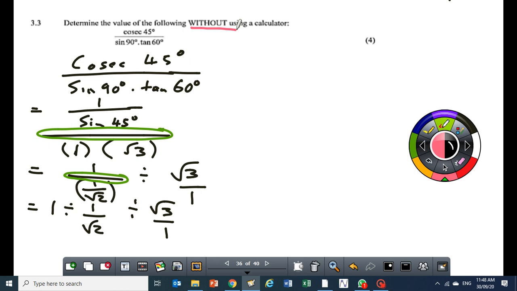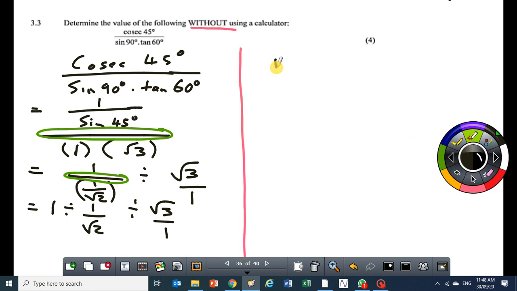Alright, from here now, we can convert this division sign to a multiplication. So if I do that, you end up getting 1 over 1. The 1 over 1 is coming from the fact that the denominator of any real number is a 1. Okay? The denominator of any real number is a 1. That's why I'm putting that one.